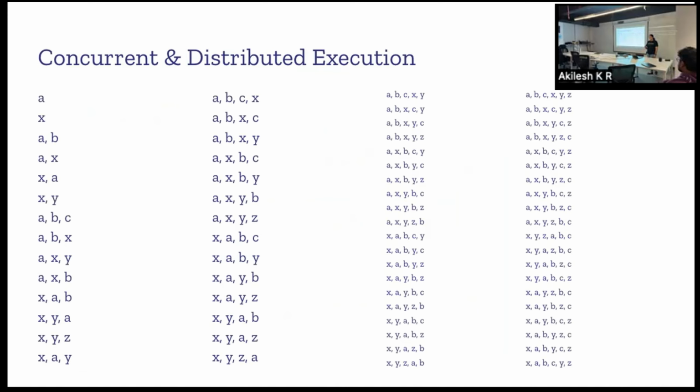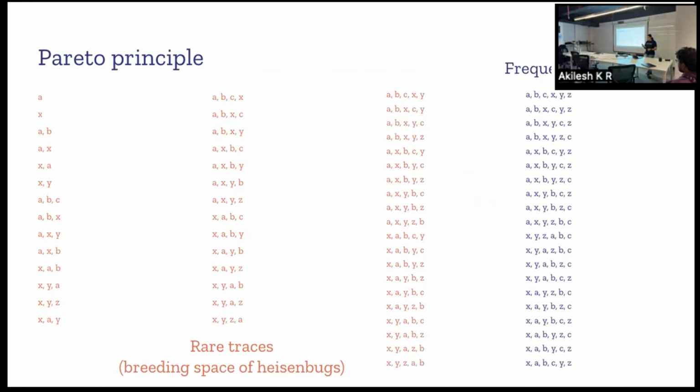So from a basic and simple execution of 6 steps, we have now come to 60 plus different combinations in which things can happen, and some of them can be failures. There is also Pareto's principle that comes into it.